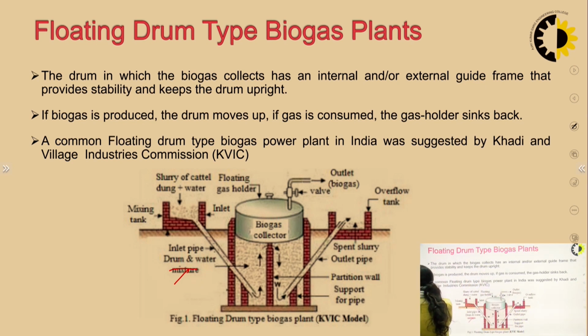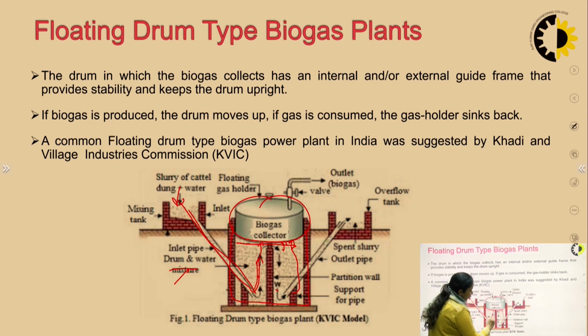Here we can see a floating biogas collector and a pit created into the earth surface. How does it work? We add the slurry into the digester, and when the digester is full, the biogas collector is pushed upward.